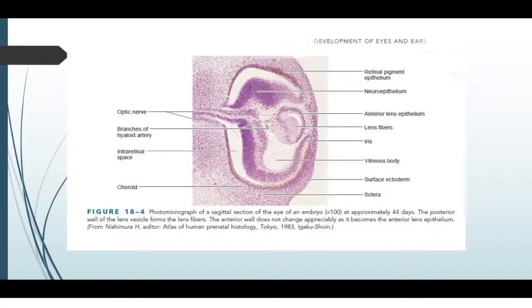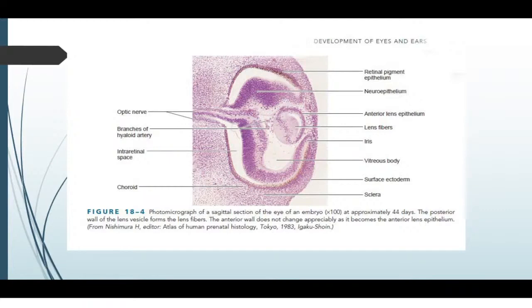For example, we see here the next stage. At 44 days of development, the retinal pigmented epithelium is very well visible, the outermost layer. Innermost is the neural epithelium, the future nine layers of the retina. Next, the anterior lens epithelium and lens fibers, ordinary crystalline fibers. Next we see the iris, which arises from the optic cup, neuroectoderm.